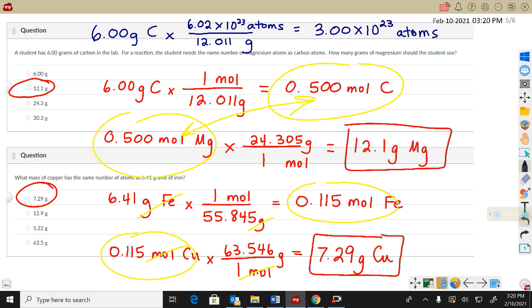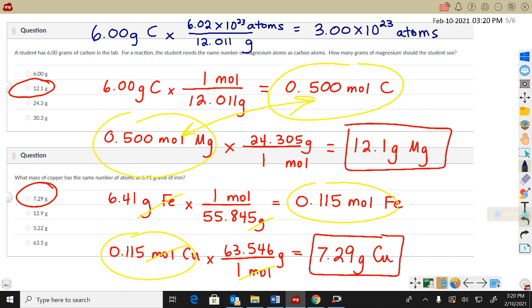And so in the end, I think what's in red and yellow is a little bit less clunky. Nobody likes plugging extra numbers in their calculator and using scientific notation. So if you just keep it at moles and make your samples have the same number of moles, they'll have the same number of atoms.